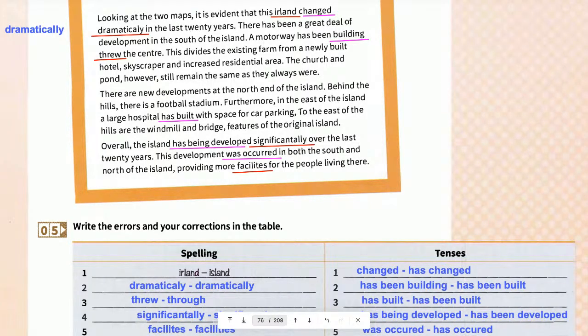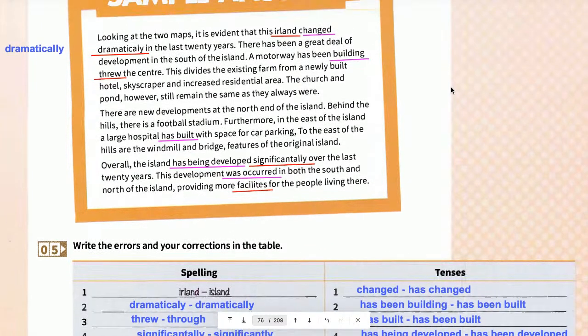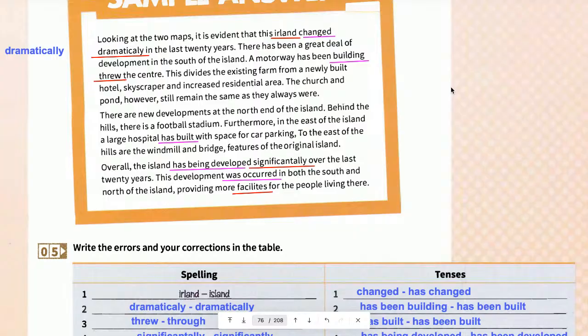Looking at the two maps, it is evident that we can use that. Looking at the two maps, it is evident that this island has changed dramatically in the last 20 years. You can write something like that. Guys, I think it's much better if you take your time.